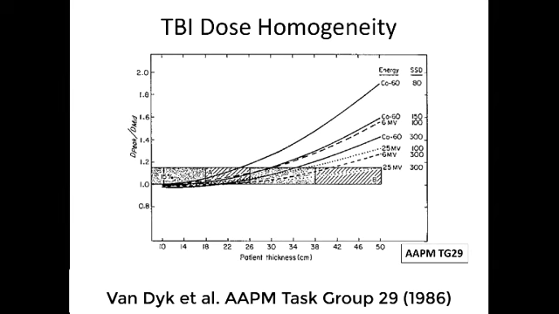The other thing is that it depends on the SSD, right? Remember, first let's look at the effect, okay? So here's 6 MV at 100 SSD, which we wouldn't really treat TBI, but there it is. You see it's fairly inhomogeneous.